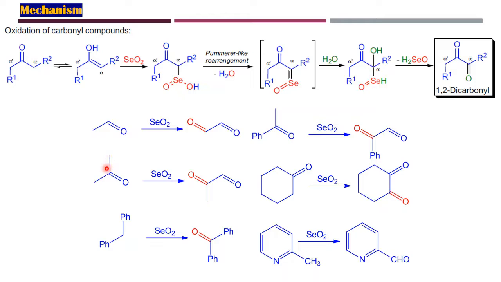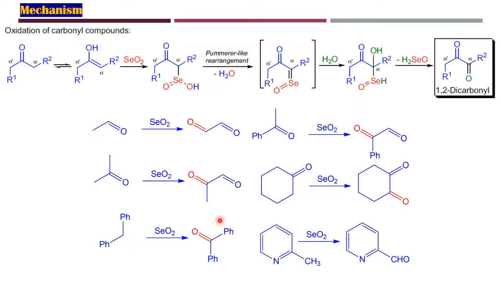Similarly, for a symmetrical ketone like acetone, one can oxidize at this carbon or at this carbon, leading to the formation of only this product. This also is a cyclic ketone, cyclohexanone, and the alpha position has a CH2 group, so it will be oxidized.